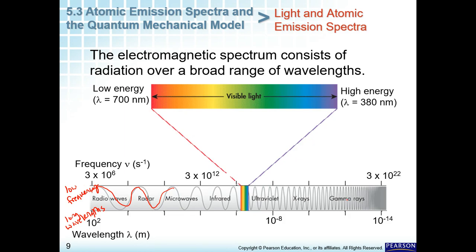Over here near our gamma radiation, we have high frequency, but that means we have short wavelengths. I know that's hard to see, so I'm spelling it out: high frequency, short wavelengths. The same thing happens with our visible light spectrum.